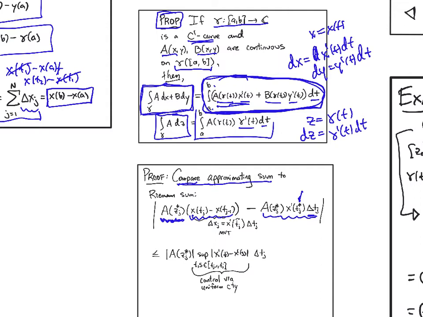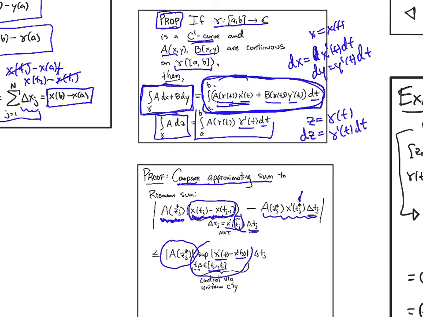And basically we can use the mean value theorem to represent x of tj minus x of tj minus 1 as x prime of some other point times delta t. And so we'd end up with bounding this by a times the supremum of the difference of x prime of t and x prime of s, where t and s live in the same small interval.